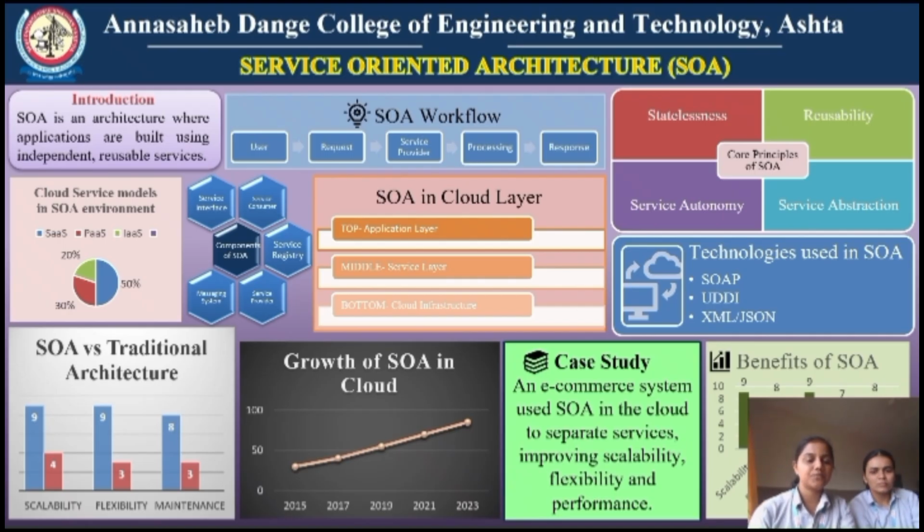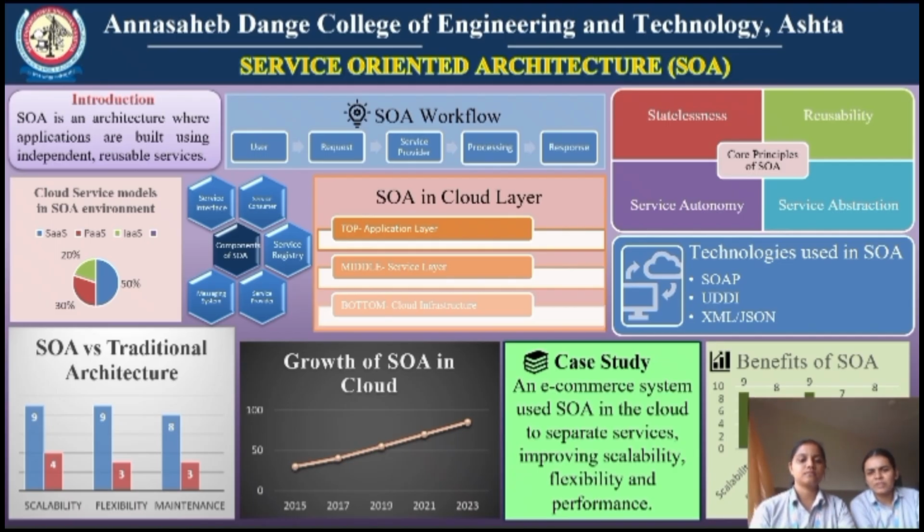So, what are the objectives of studying SOA in cloud computing and distributed systems? The main objective is to understand how modern distributed systems are designed to handle large-scale data and applications efficiently. This includes learning about cloud computing infrastructure and how distributed processing frameworks like HDFS and MapReduce work.